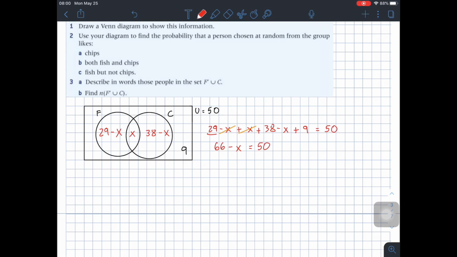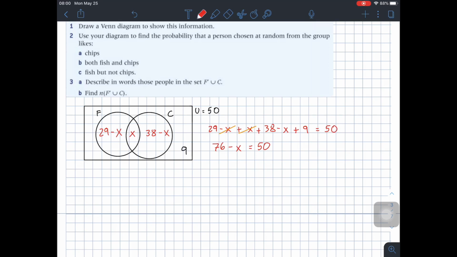Let me double check this. Sorry, I think this is wrong. This is 29 plus 38, it's 30 plus 67. 67 plus 9 should actually be 76, right?